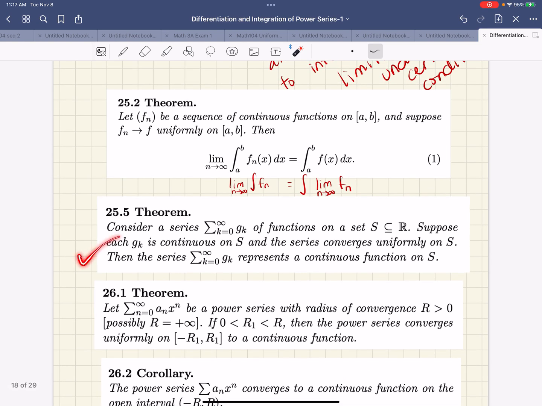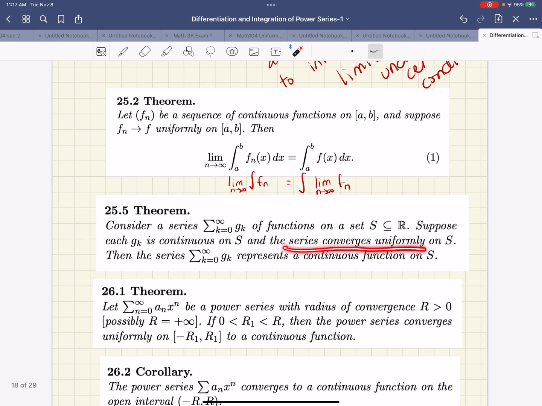Now, the second theorem gives us a way to go from sequences of functions to series of functions. So it says consider a series of functions and suppose that each function is continuous. And suppose that your series converges uniformly on your domain.